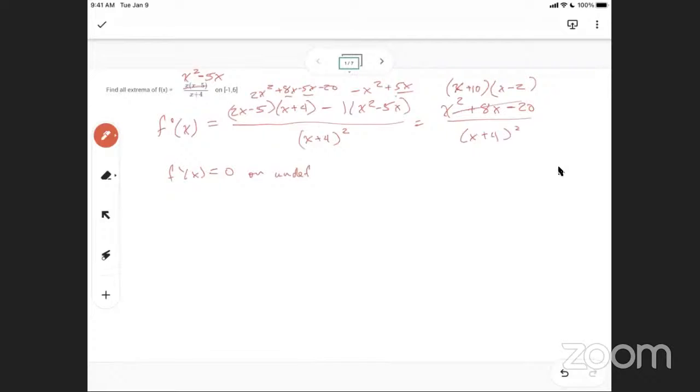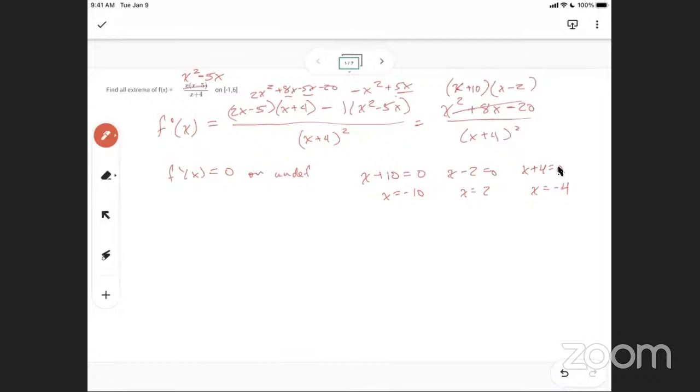So x plus 10 equals 0, x minus 2 equals 0, and x plus 4 equals 0. So x equals -10, x equals 2, and x equals -4. Those are all my potential critical points, right? Yeah.